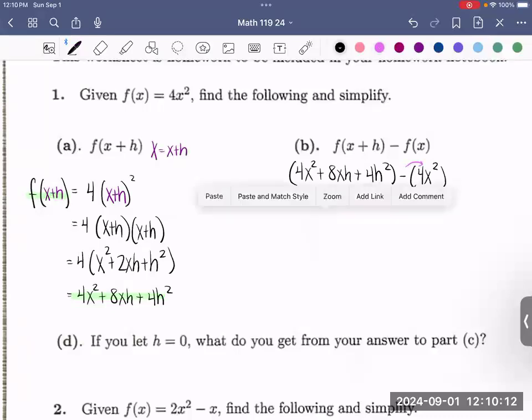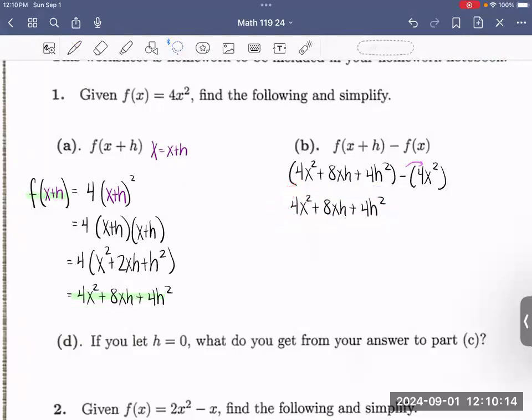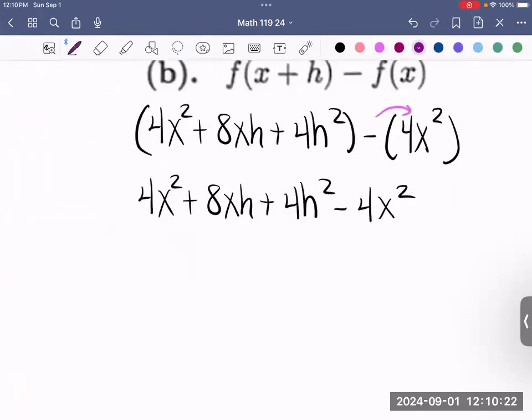So we get, again, the same thing, and then we have minus 4x squared. Now, in this case, when we go to evaluate, you'll notice that we can actually start to cancel. So once you distribute in, items should cancel. So we get 8xh plus 4h squared. Now, I would recommend at this point in time to start to factor out, trying to simplify it as much as possible.